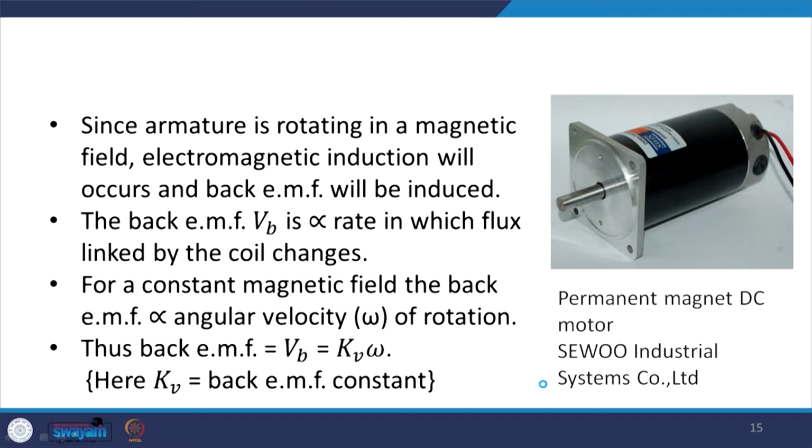For a constant magnetic field, the back EMF is proportional to the angular velocity of rotation. If I replace the proportionality sign, I can write the back EMF as kV times omega, where kV is the back EMF constant.